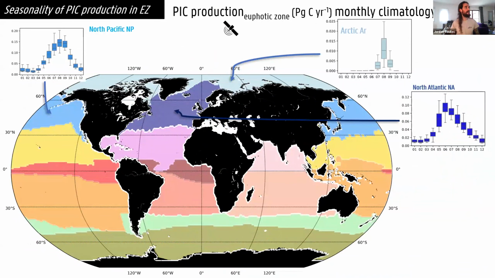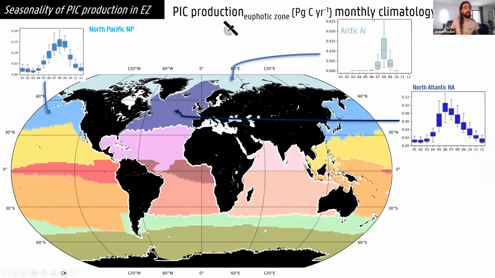On this map now, it's the different seasonality of PIC production according to all the different regions. The box plots correspond to the PIC flux in the euphotic zone in petagrams of carbon per year, based on the monthly climatology. This monthly climatology has been based on 3 decades of PIC production models.